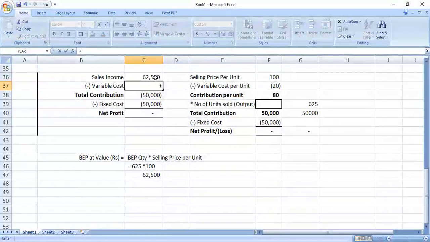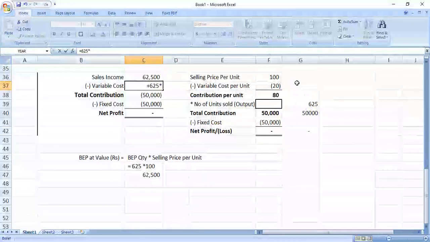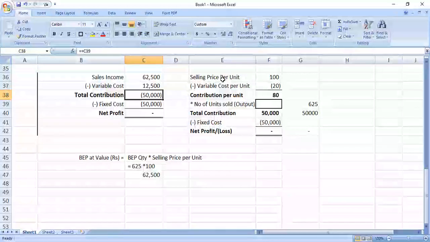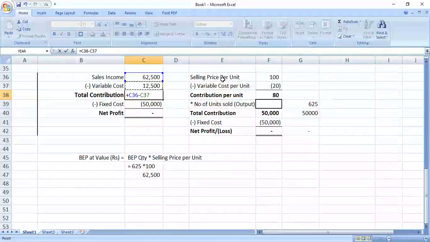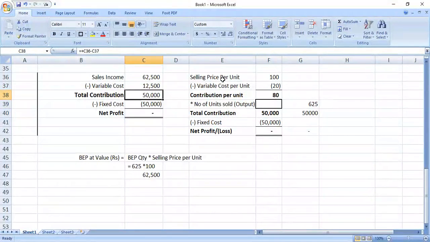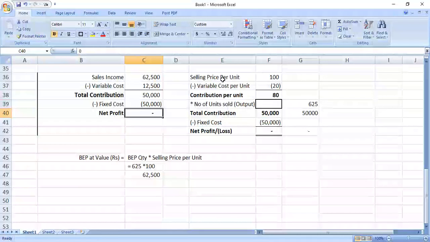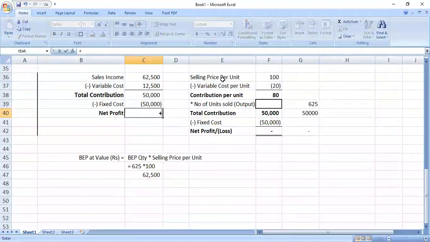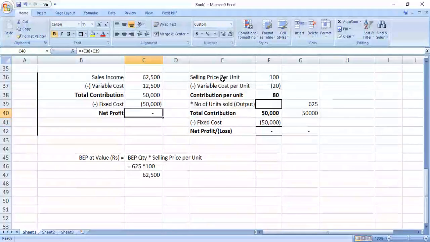And my variable cost also changes, right? 625 units, and the variable cost per unit is 20, so 12,500. So 62,500 minus 12,500, you have a total contribution of 50,000, and your fixed cost is also the same, so you will end up with zero profit or loss.